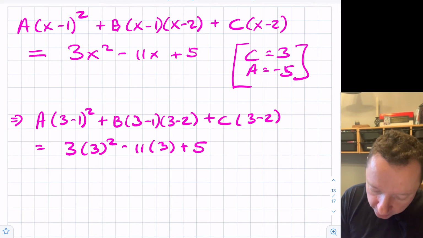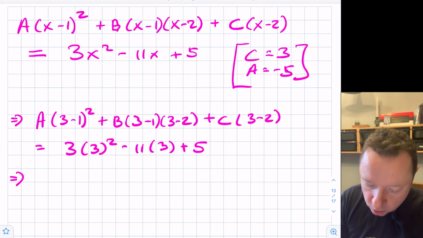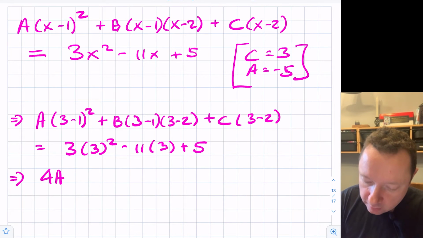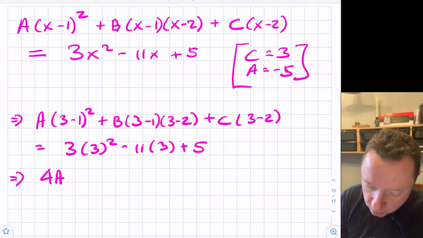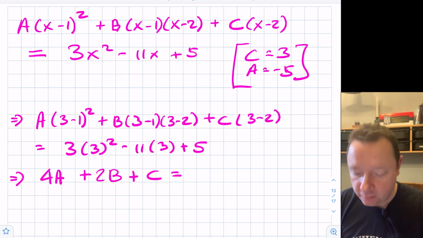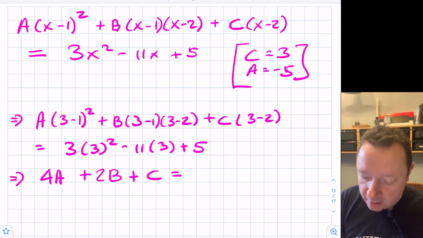So that means we get 3 minus 1 is 2, 2 squared is 4, so we get 4 times a. Then we've got 3 minus 1 is 2, 3 minus 2 is 1, so it's 2 times 1, which is 2, so plus 2b, and plus c is equal to 9 times 3 is 27, 27 minus 33 is negative 6, negative 6 plus 5 is negative 1.